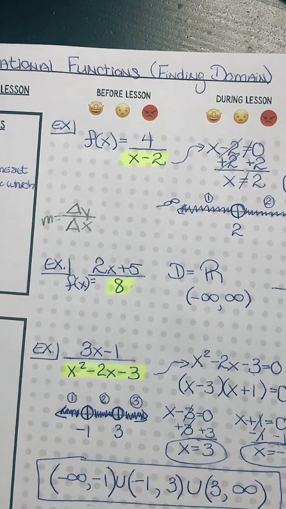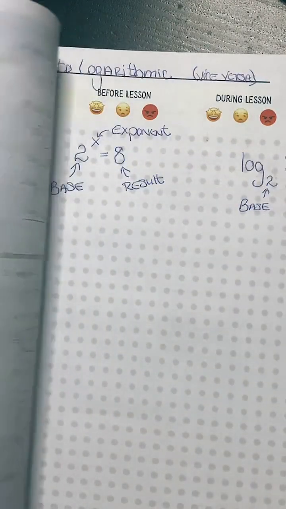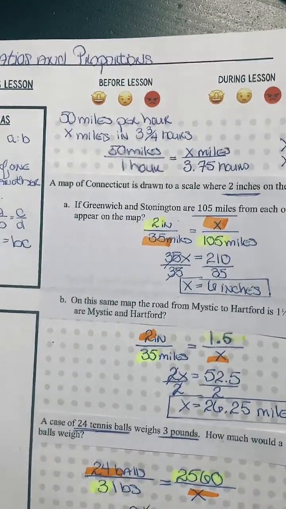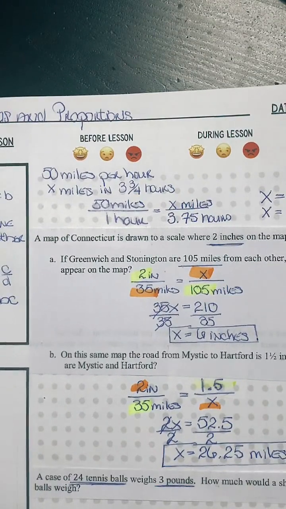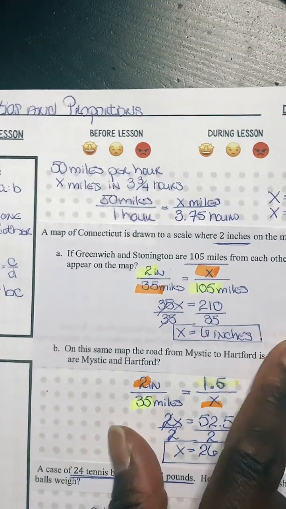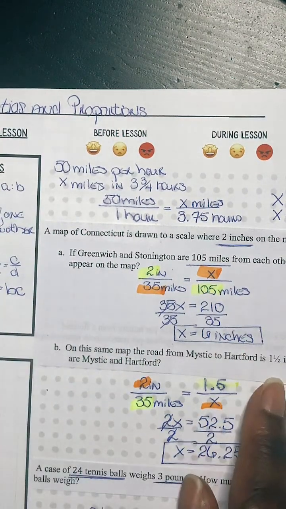All right. Okay, so what did we work on today? We worked on quite a bit. We worked on rationals and proportions. So we looked at different ratios, ratios and proportions.